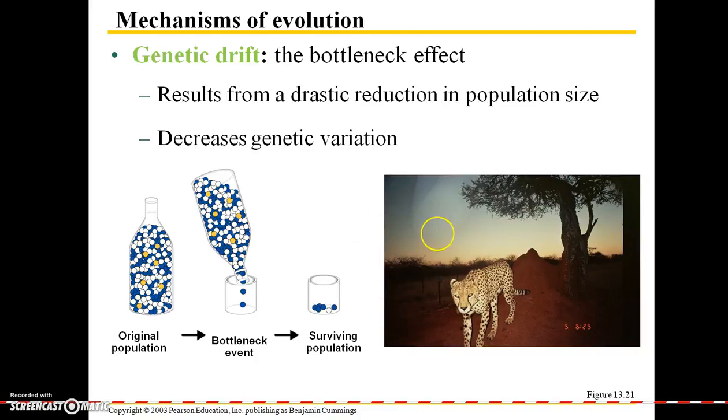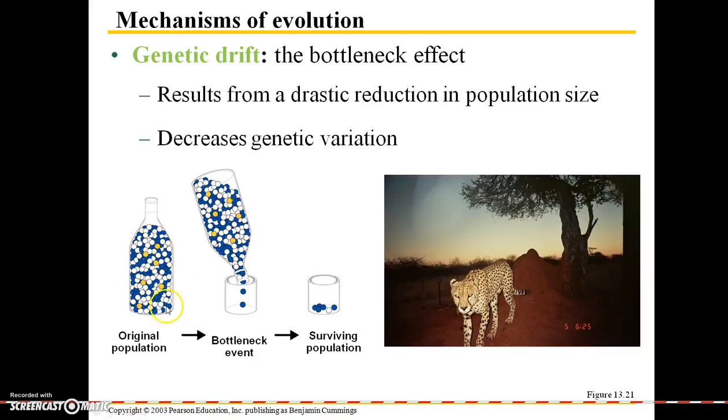There was an event that caused local extirpations, which are smaller scale extinction events. And what happened is we had a small surviving population that ended up forming the basis for all modern day cheetahs that exist today. So the original population had a lot more genetic variation.